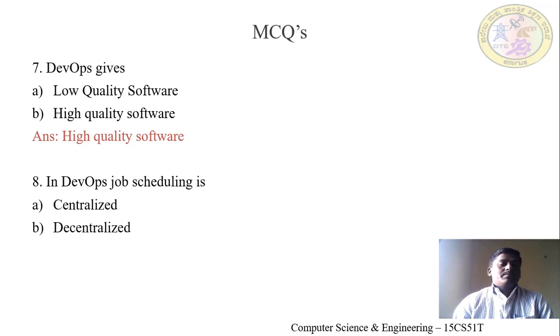In DevOps, job scheduling is option A, centralized, or option B, decentralized? Which one is the correct answer? In DevOps, job scheduling is decentralized.